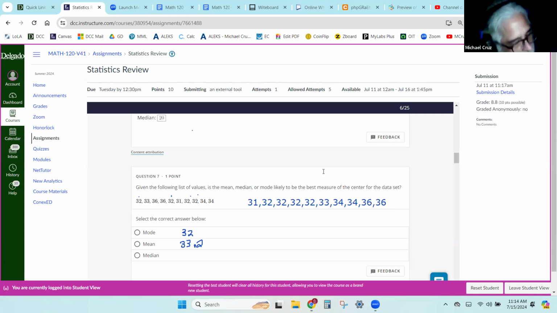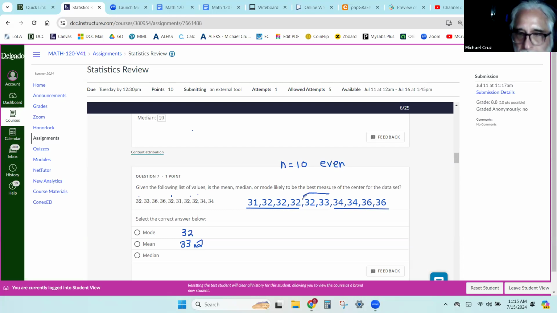Okay. So now here's how we do the median when we've got an even number. Even number, the n is 10, okay? All right. There is not one middle number, but there's two middle numbers. 4 over here, 4 over here. So that leaves 2 in the middle.